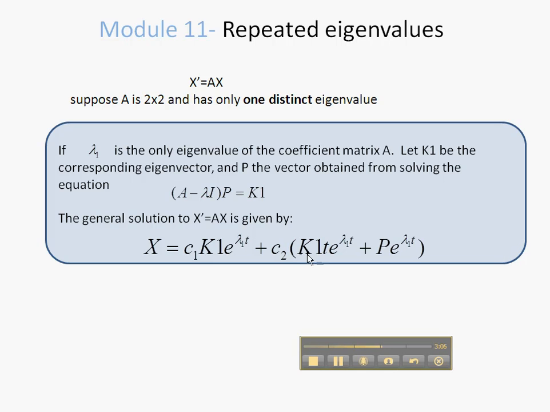But to find the other solution, we solve this other equation. We find the vector p that satisfies A minus lambda I times p equals k1, where k1 was the eigenvector that we found for the eigenvalue lambda 1.